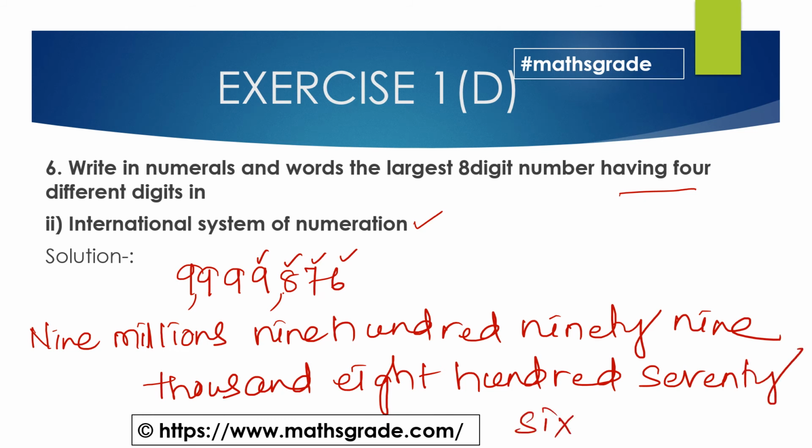This is the international system of numeration of the largest 8-digit number having 4 different digits: 9,999,876.